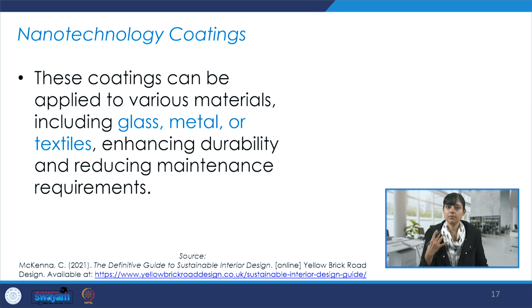These coatings can be applied to various materials, including glass, metal, or textiles, enhancing durability and reducing maintenance requirements. So that's very interesting. By applying these coatings over the base materials, we could enhance durability and reduce maintenance hassles and costs and requirements.